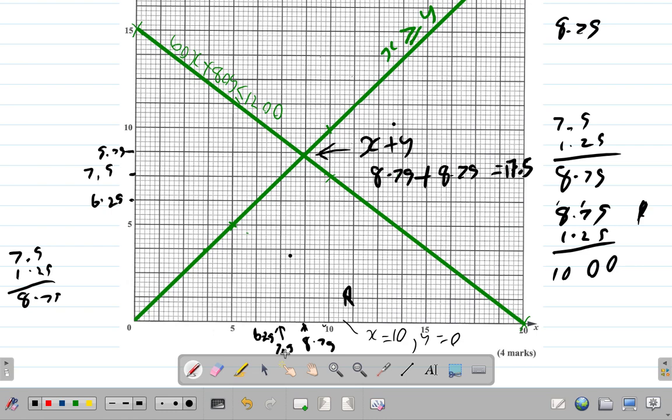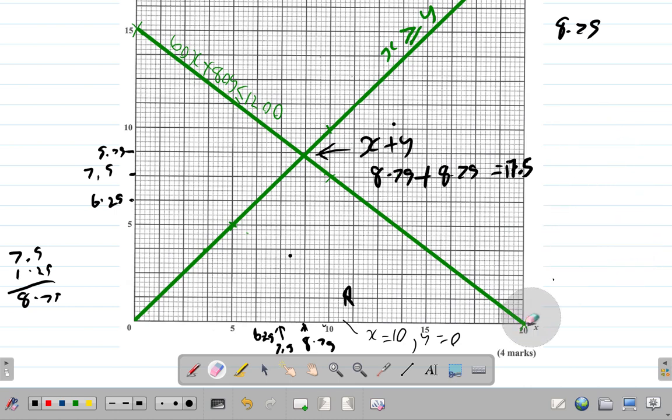17.5. But you can't really buy 17.5 phones. What you could buy is 17 phones. Alright, we get 17 phones, that's all.